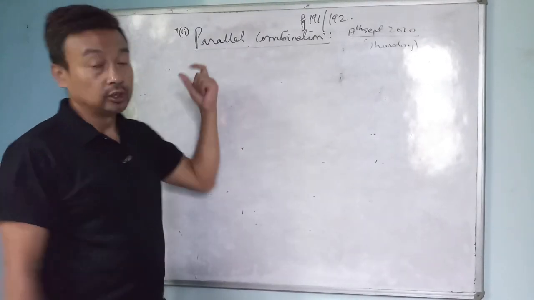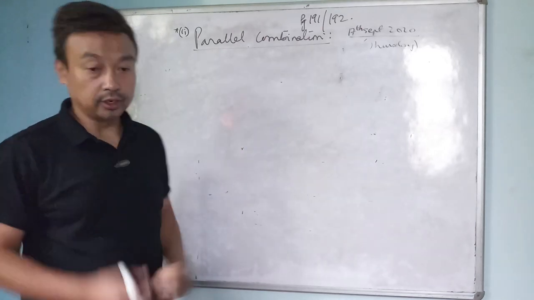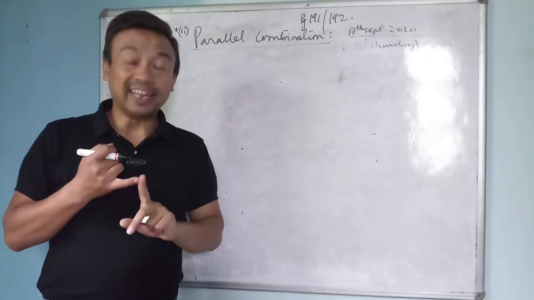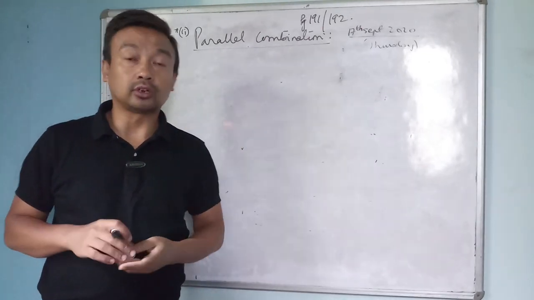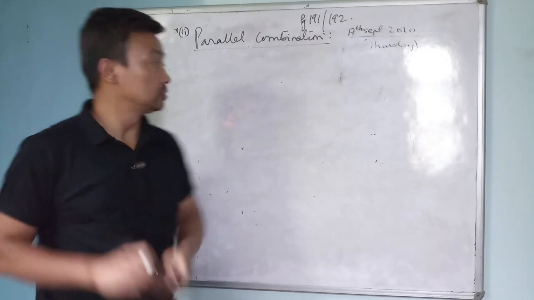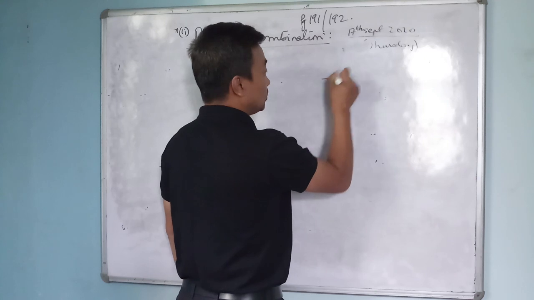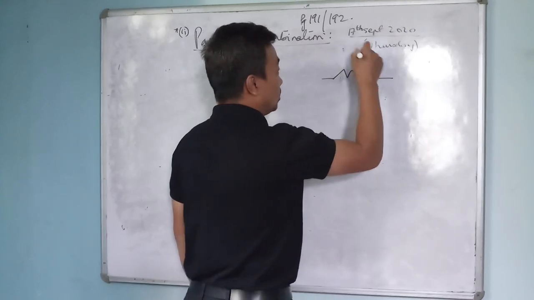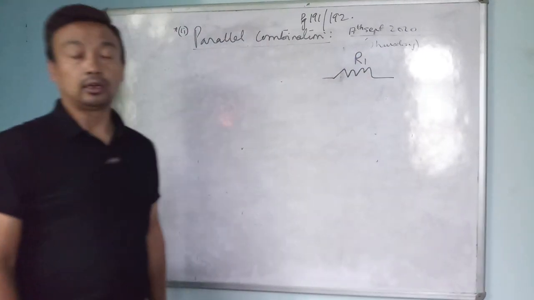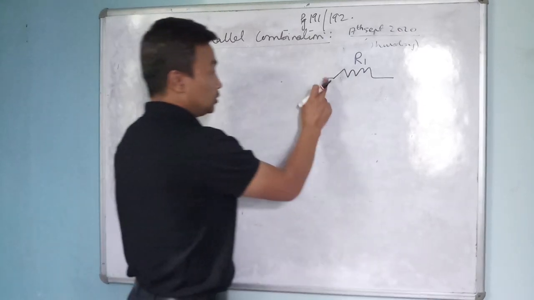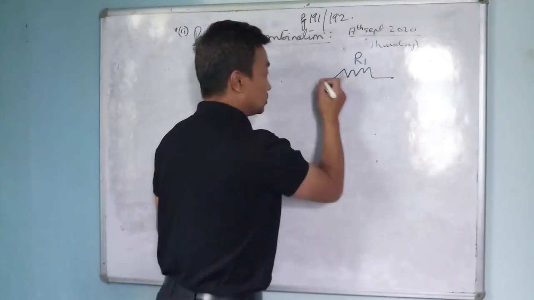So what happens is, in the parallel combination, one end of each resistor is connected to the same point. It is something like this. See, let us take, this is resistor R1. This is one end and this is the other end.